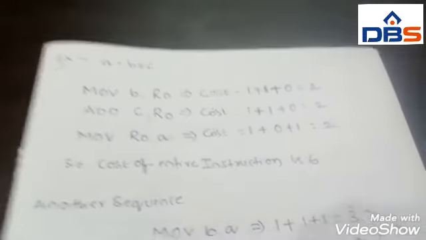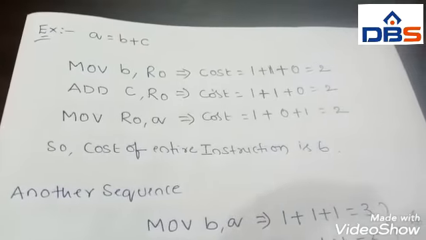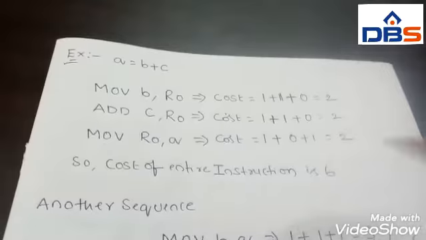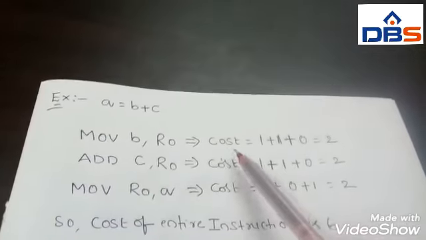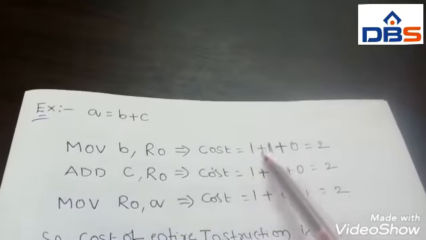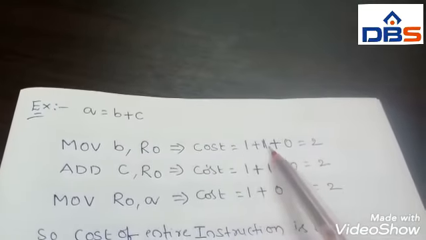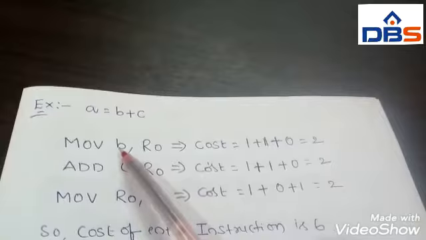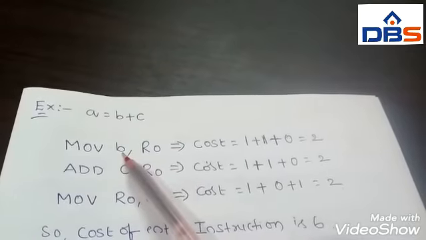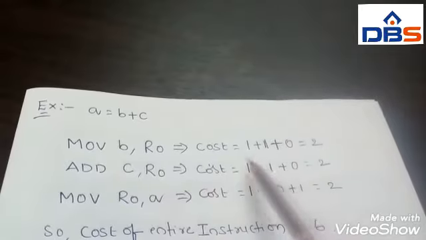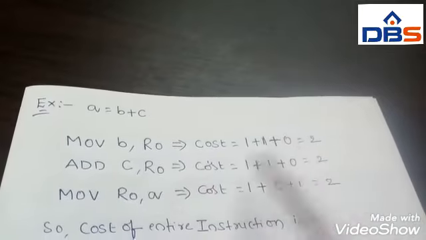The sequence of instructions is move B comma R0, add C comma R0, and move R0 comma A. For each instruction we calculate the cost. For the first, cost equals 1 plus 0; B is a memory, so the cost is 1, and for register the cost is 0. So 1 plus 1, that is 2.